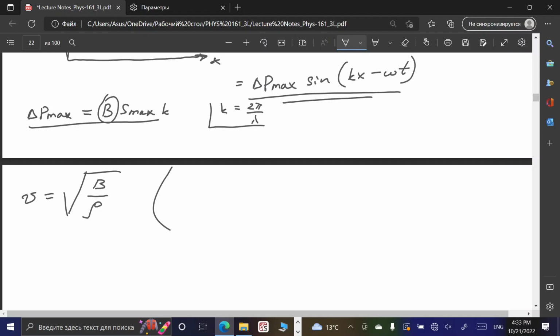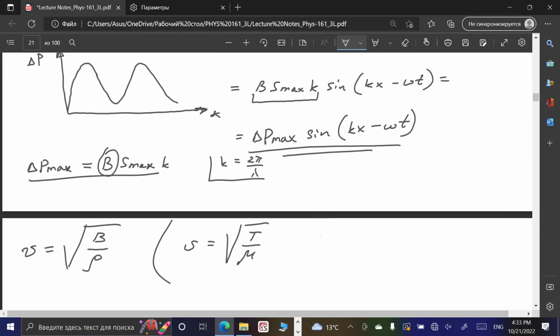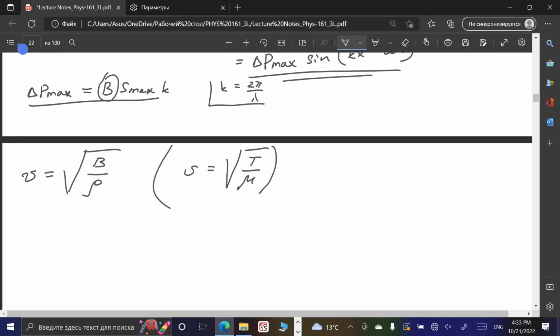By the way, you can compare this to the speed of a wave traveling along a string, which we derived last time. It was tension divided by linear density. You see the similarities.